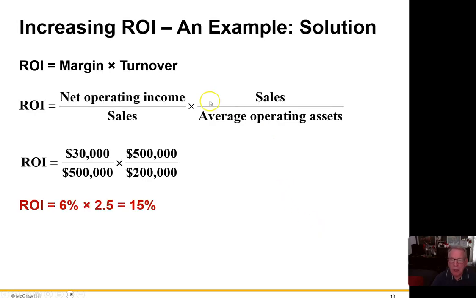So now you can see how that comes together. We take 30,000 divided by 500,000. That equals 6%. We take 500,000 divided by 200,000. That gives me 2.5. So I multiply the two together, I get 15% return on investment. Okay.